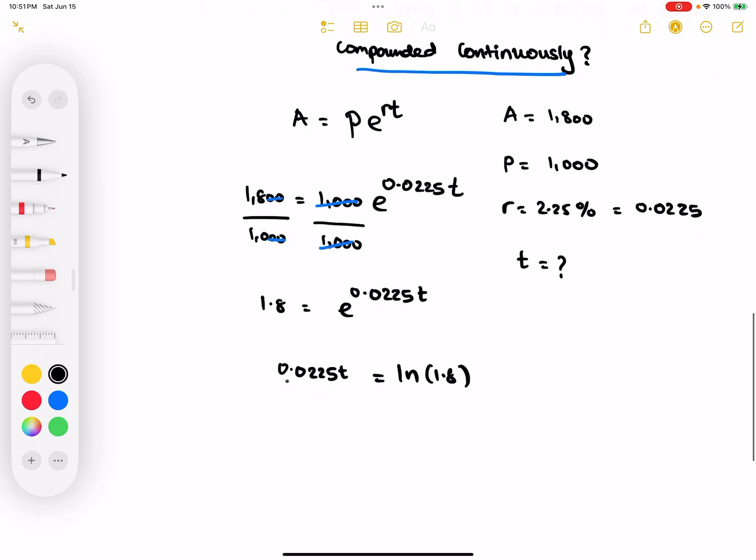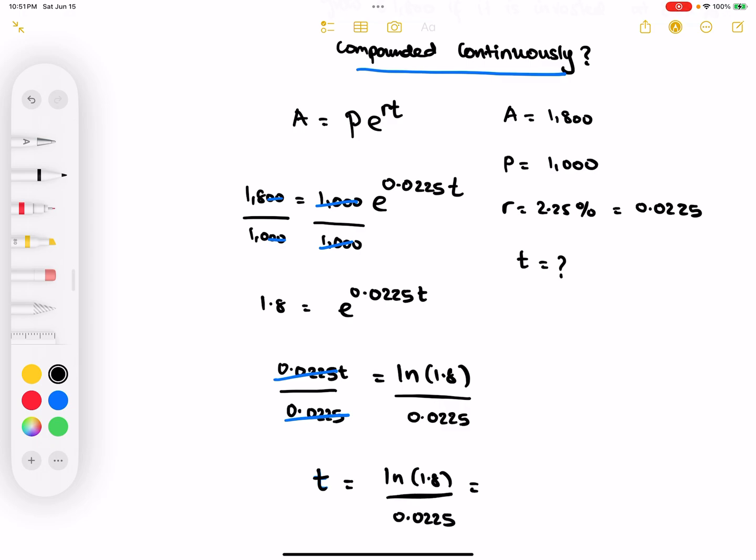So in order to find t, you have to divide this one by 0.0225. So the left side cancelled. So our objective is to find t. We're successful now. t equals ln of 1.8 divided by 0.0225.